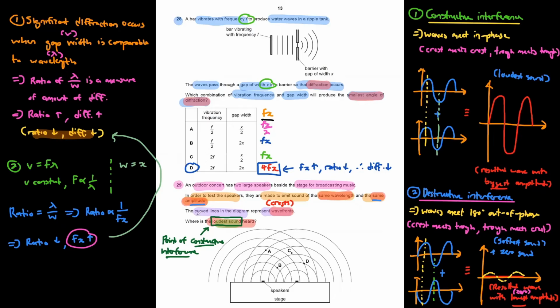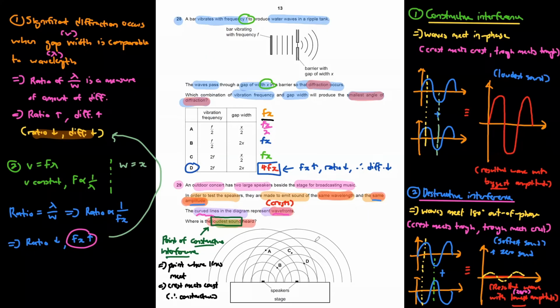It was already mentioned to you that the curved lines are your wave fronts, or in other words, your wave crest. So here, what you want to do is find the point where the lines meet. Because it's at this point where the lines meet that crest meets crest. Therefore, it will be constructive.